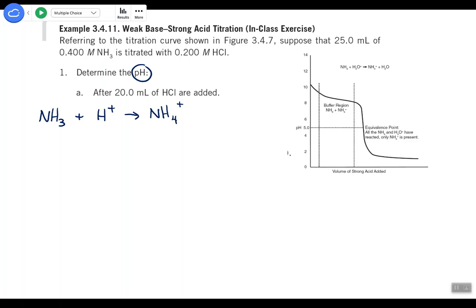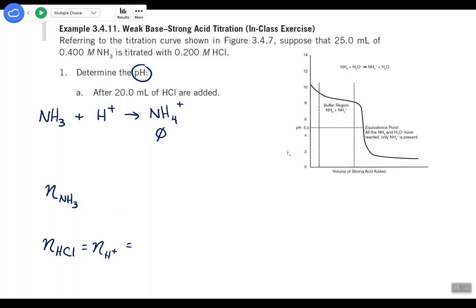So we need to know how much of the weak base is left over once it reacts with this acid. We start with 0 amount of our conjugate acid, but I'm going to need to calculate the number of moles of NH3, the weak base that I started with, and the number of moles of HCl that I started with in order to figure out the limiting reagent and what's left over.